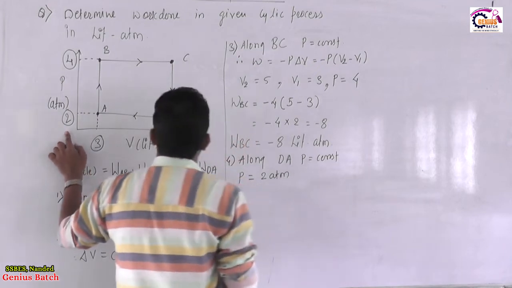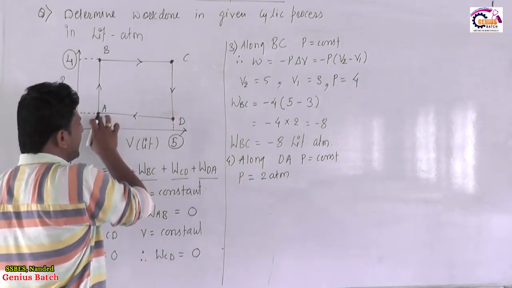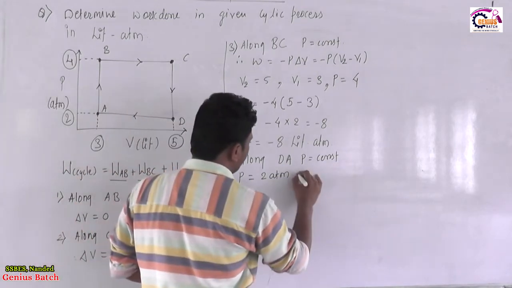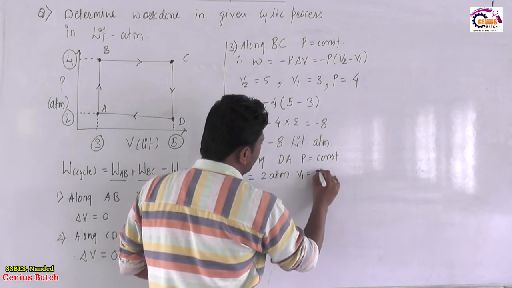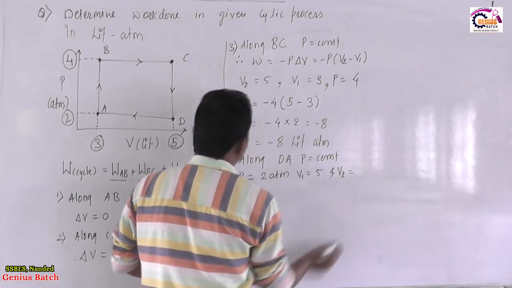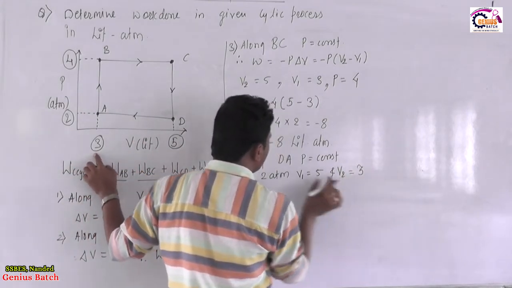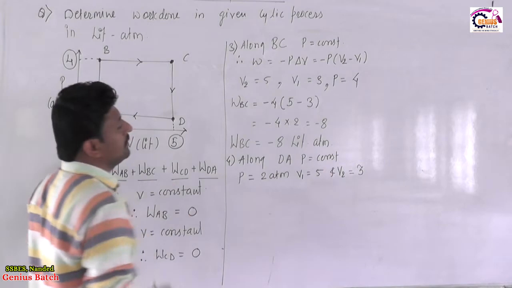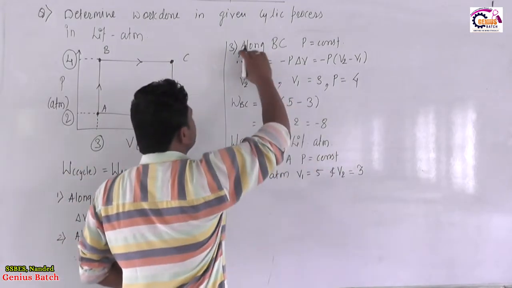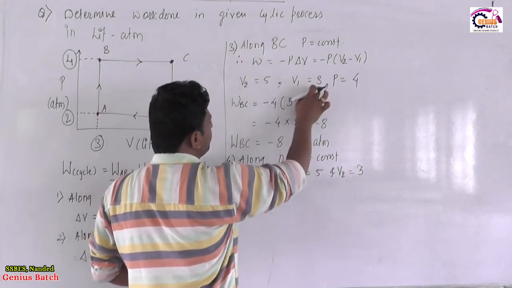Now we are moving from D to A, so initial volume V1 is 5 liter and final volume V2 is 3. This means along DA there is a compression, volume is decreasing, and along BC it was expansion, volume increased from 3 to 5.